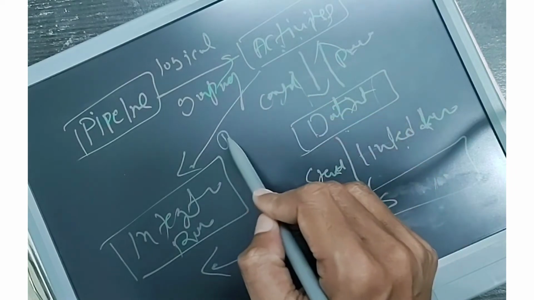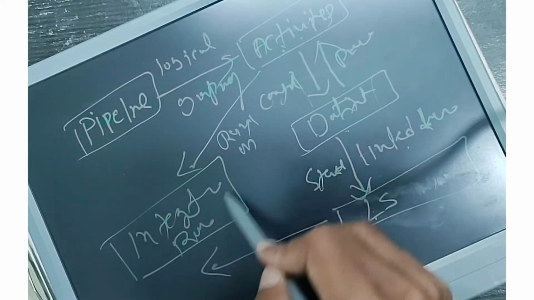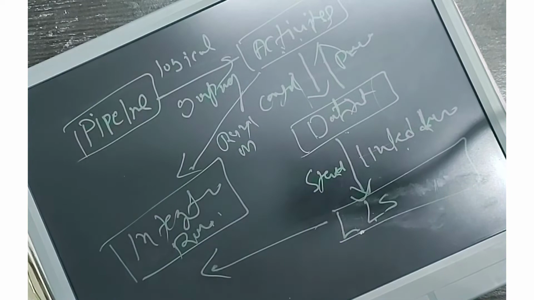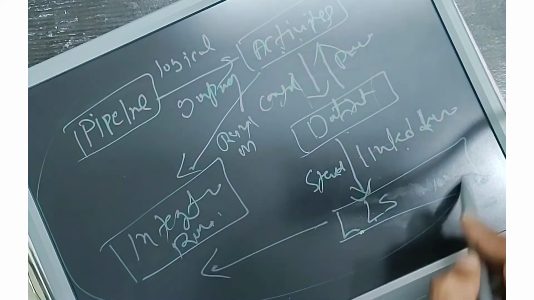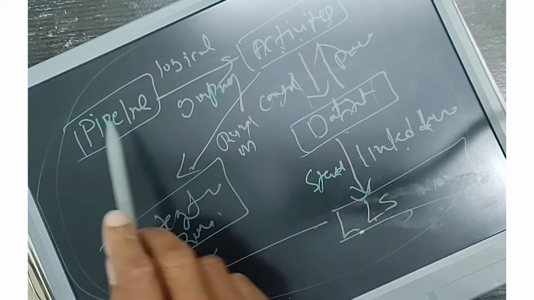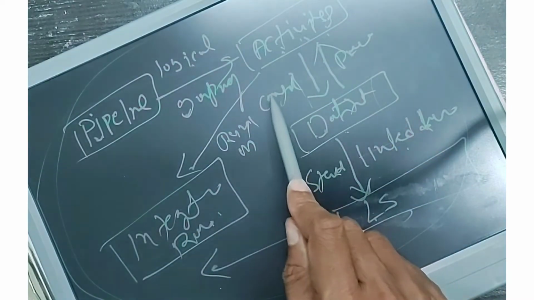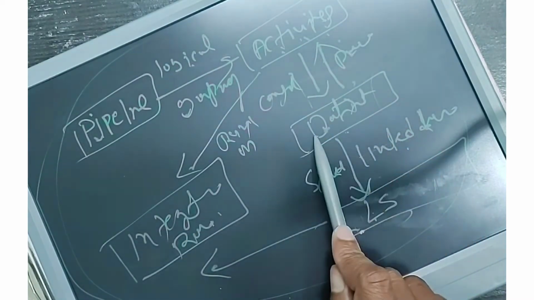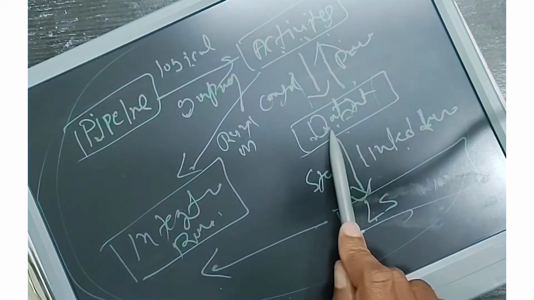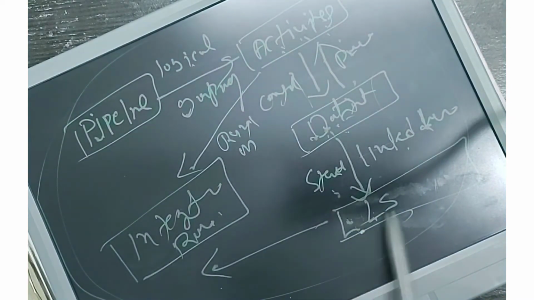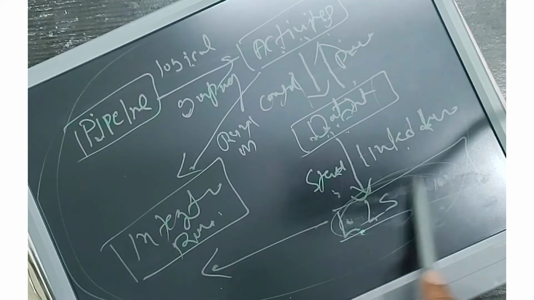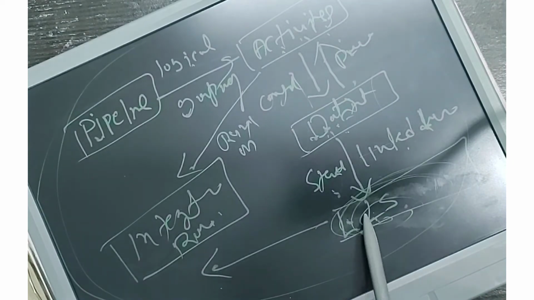So this activity runs on this particular integration runtime. So this is the ADF flow basically. Pipeline is a logical grouping of activities. This activity will consume your data set and produce the data set. Where exactly this data set is stored, you can know by using linked services, and this activity will run on integration runtime.